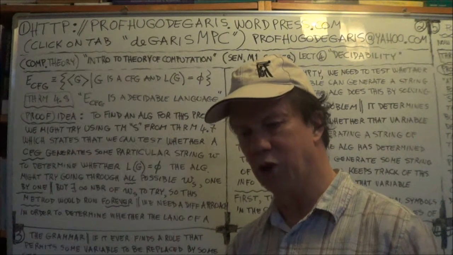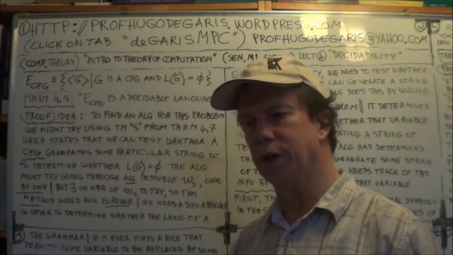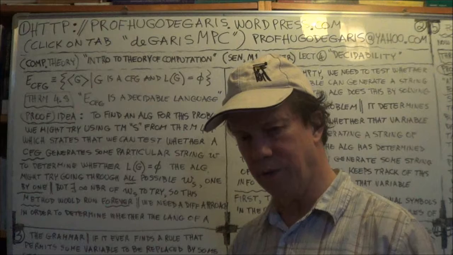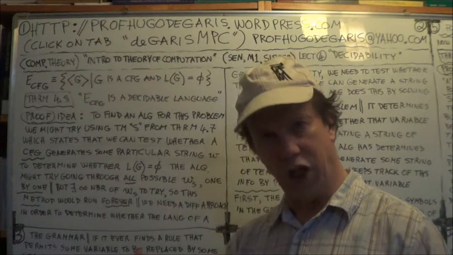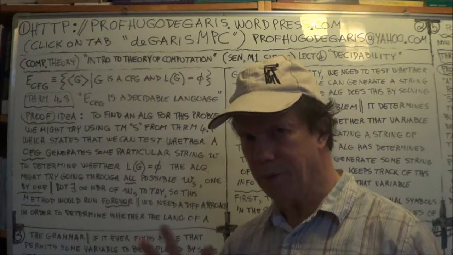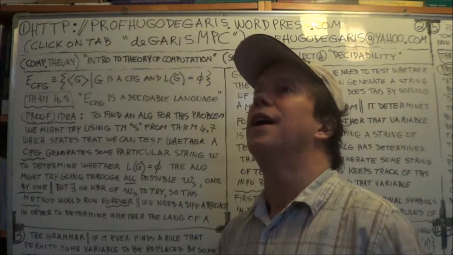So your Turing machine, which is deciding all this, would give the decision: reject. Okay? It is not the empty set.